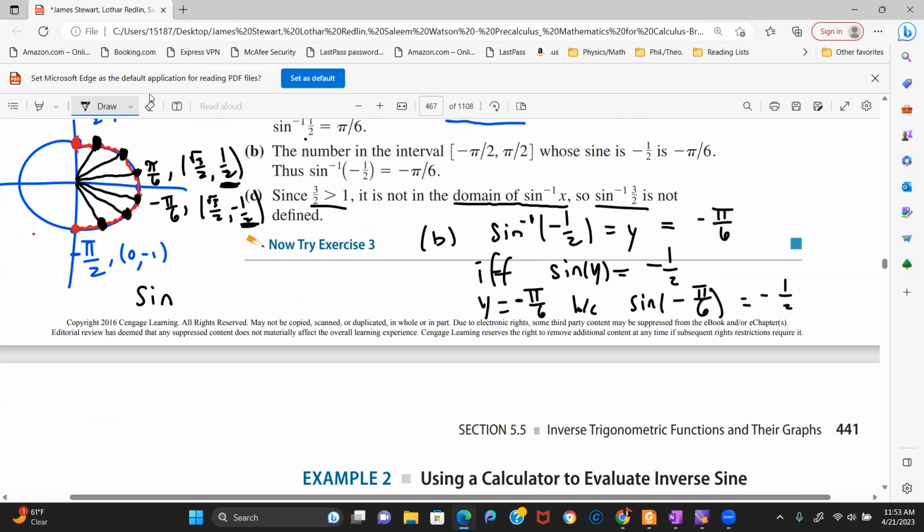Remember, sine inverse is a function from -1 to 1. So the only things you can plug into this function are points in this interval, and it spits out a point between negative pi over 2 and pi over 2. So be careful, make sure you're plugging in values that are allowed. You cannot plug 3/2 into this sine inverse function.